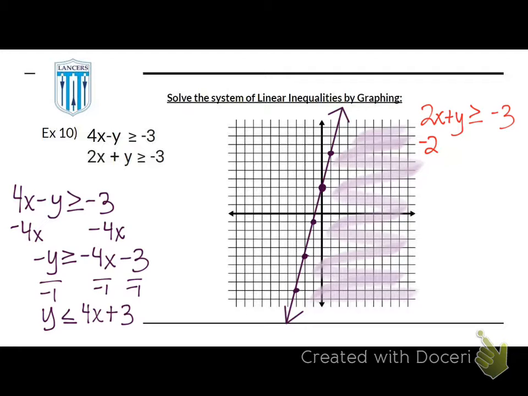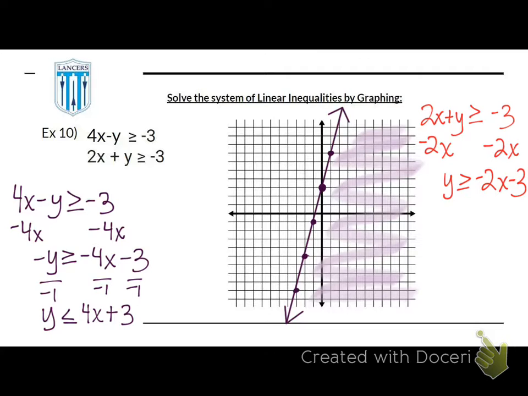So this becomes y is greater than or equal to negative 2x minus 3. We do not need to flip the symbol because we did not divide by a negative.